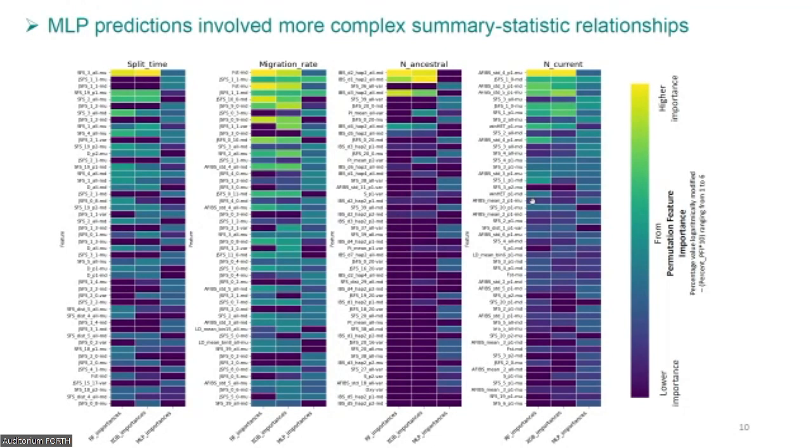That implies that for its predictions, the MLP method involved more complex summary statistic relationships, spreading the importances over many different features.